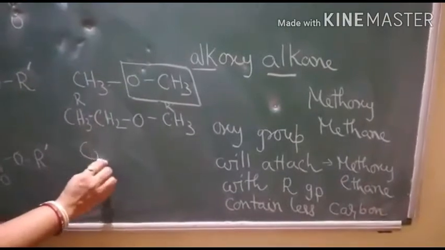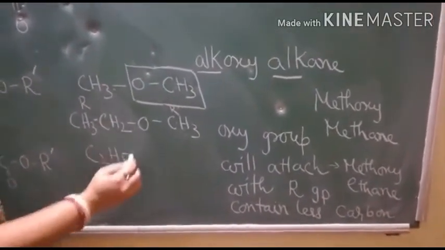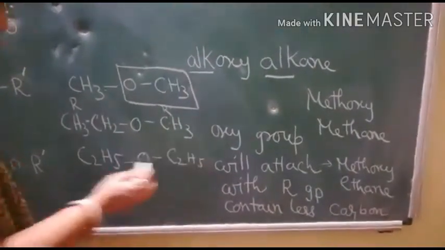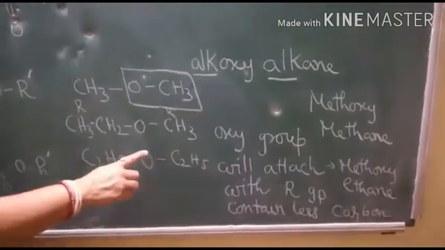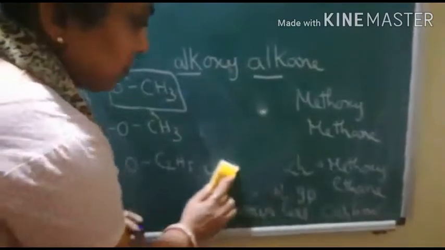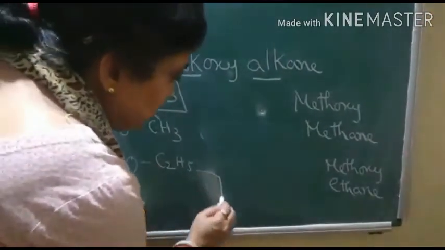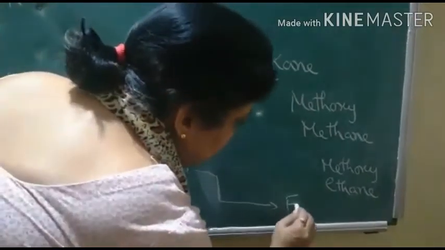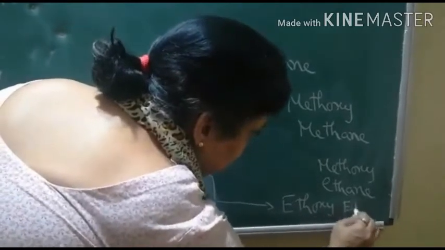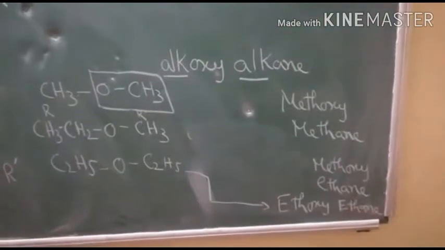Next one, if it is C2H5, I am writing in condensed form, C2H5OC2H5. Again both are the same, so no problem. The nomenclature will be ethoxyethane. Ethoxyethane.